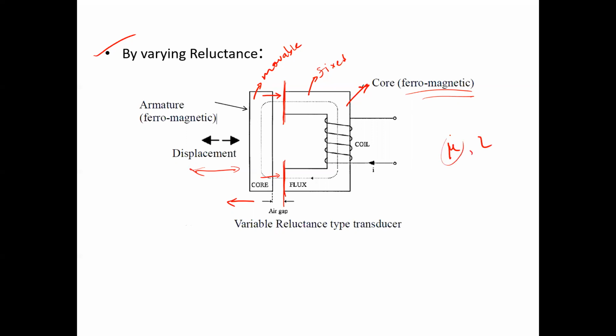Reluctance is dependent on both of them, so the reluctance will also change. In that sense, this sort of arrangement can be termed as an inductive transducer obtained through variation of reluctance. However, the previous arrangement you can also term a variable reluctance type transducer, because obviously when the permeability is changing, the reluctance is supposed to change.